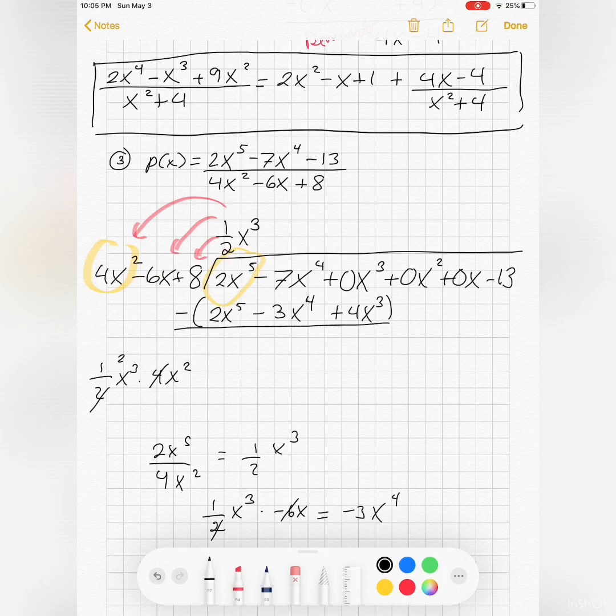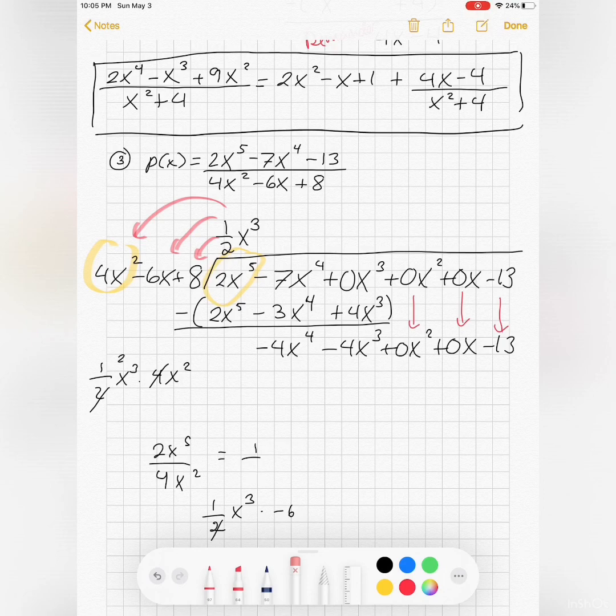Okay, 2x to the 5ths cancel. Negative 4x to the 4th minus 4x cubed. Bring down the rest here. And then I start over.